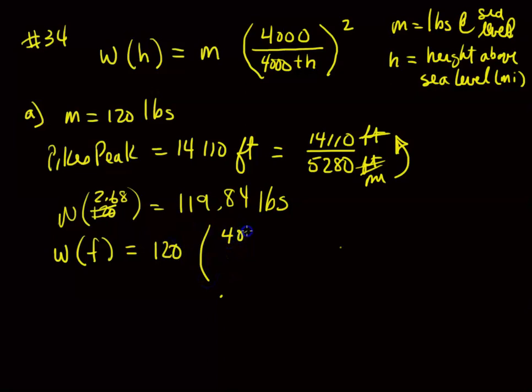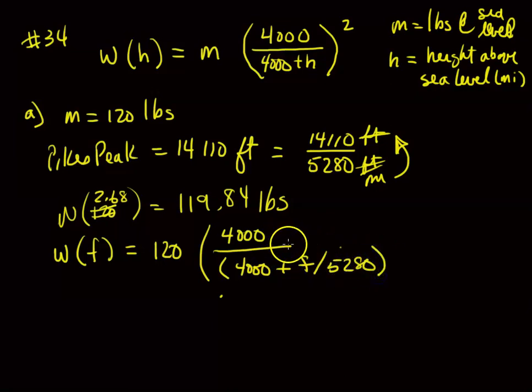The 4,000 over, remember we've got to put the parentheses, 4,000 plus F divided by 5,280, close the denominator, close the big parentheses, and square it. So you could write it this way, and you could put feet in instead of this height in miles. You could do that. What are they asking?